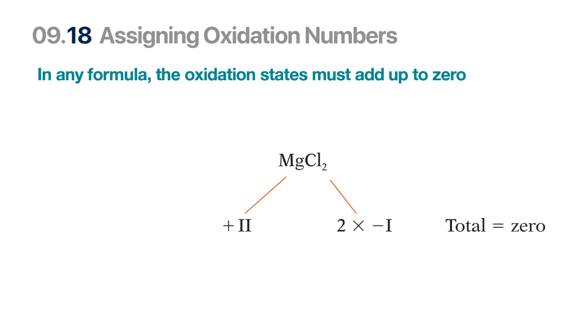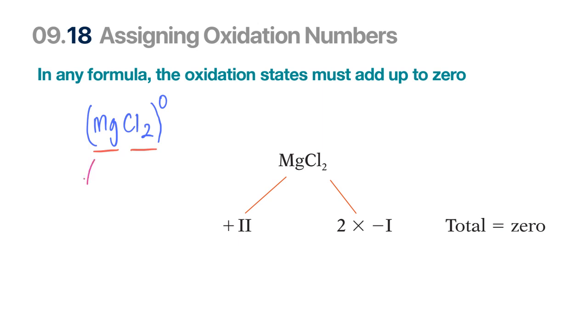By no charge on it, what I'm trying to say is, if we're looking at magnesium chloride, it has an overall oxidation state of 0. The entire thing has a 0 charge or a 0 oxidation state. Why is it 0? Well, its constituent elements are giving me that charge, and the sum of those charges are making it 0. Here's how we work it out.